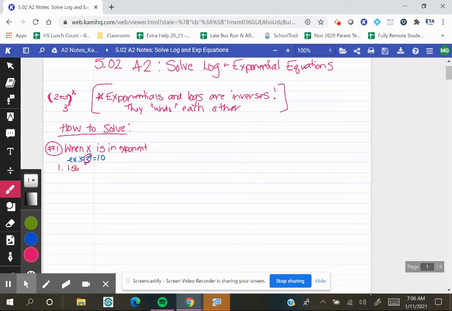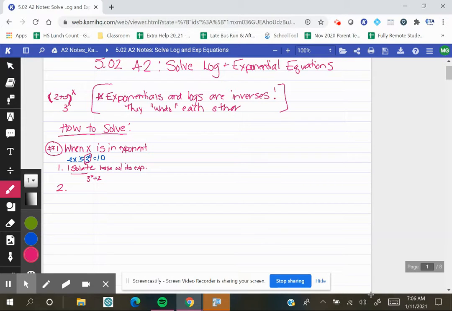So the first step in all 3 of these scenarios is isolate, isolate, isolate, meaning you would get that 3 to the x by itself. Isolate the base with its exponent. So you would divide both sides here by 5, and then you'd have 3 to the x equals 2.